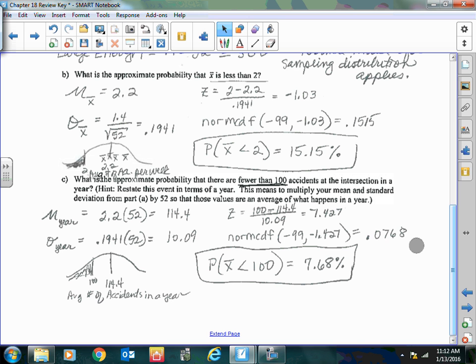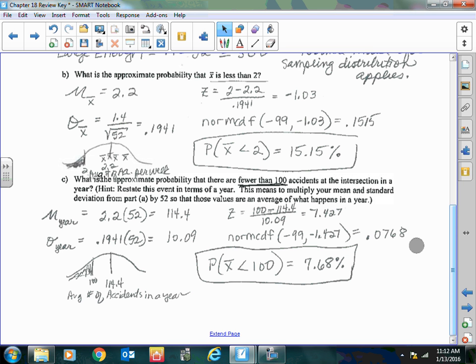Part C is where they want you to take it to the next level and do the problem in terms of a year, because originally, as stated, it's in terms of a week. It's somewhat known that there are 52 weeks in a year, so I just multiplied my numbers by 52 so that I could get them in terms of a year.